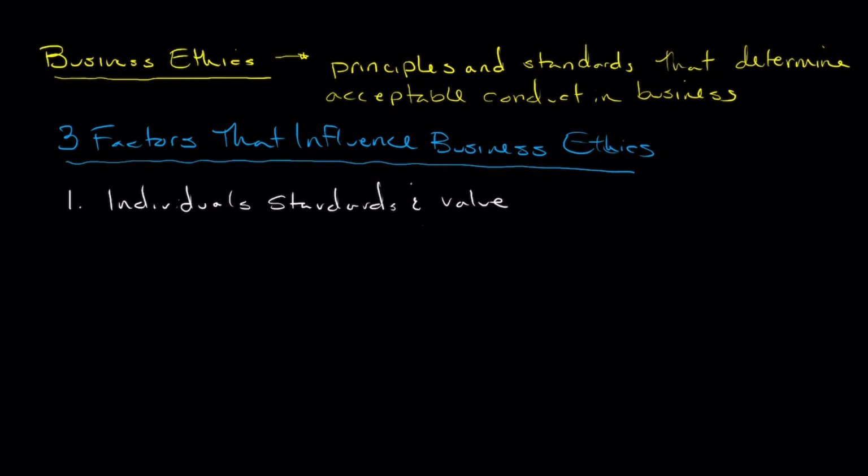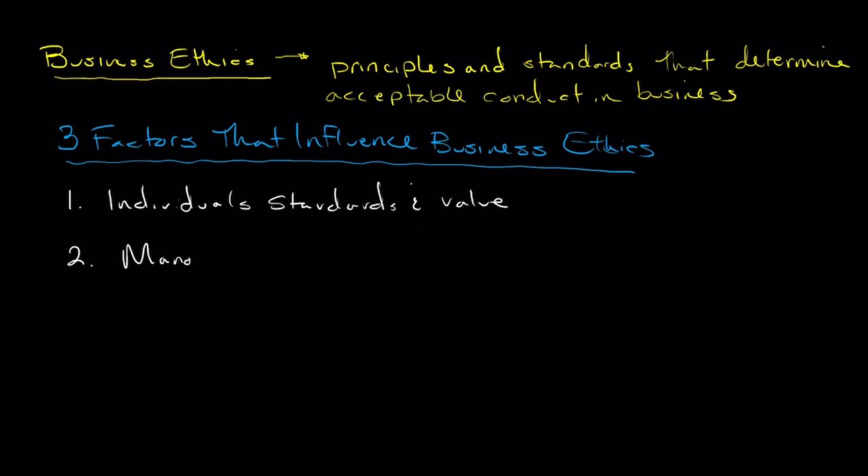It could be religion. It could be certain life events that have shaped our viewpoint. And so obviously there is a huge emphasis on what we consider to be right and wrong based upon our own individual standards and values.